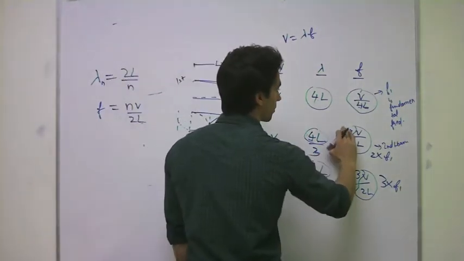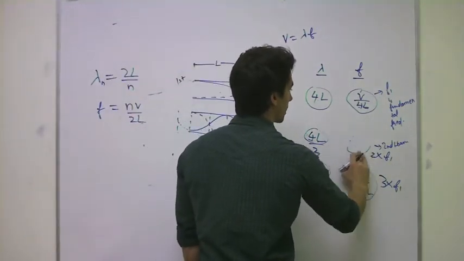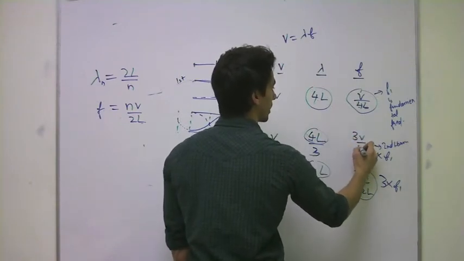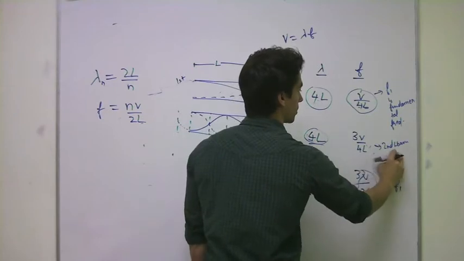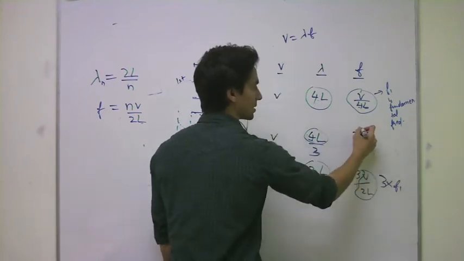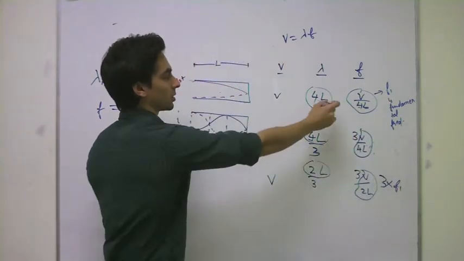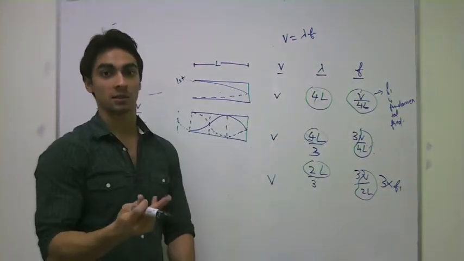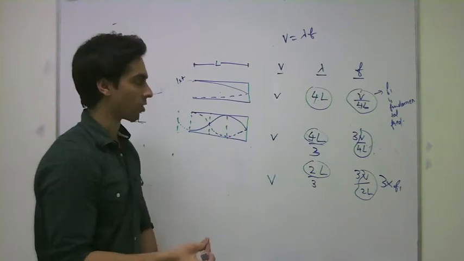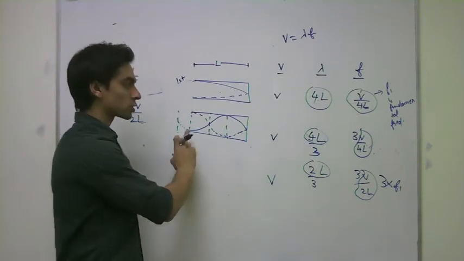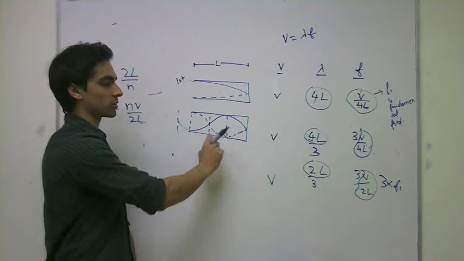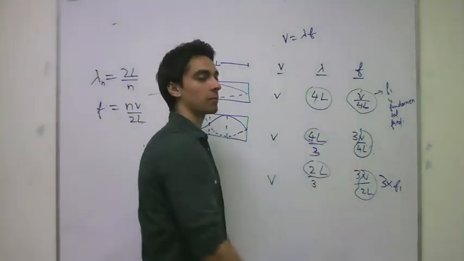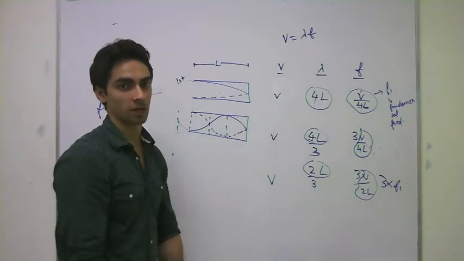And my frequency here then becomes 3V over 4L. So notice now that this is 3 times the fundamental frequency. Now 3 times the fundamental frequency means the third harmonic, not the second harmonic, which means that there was no second harmonic for a pipe closed at one end, because at 2 times the fundamental frequency there is no standing wave set up.